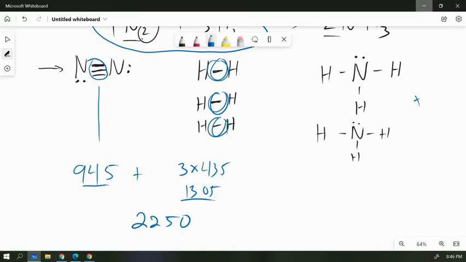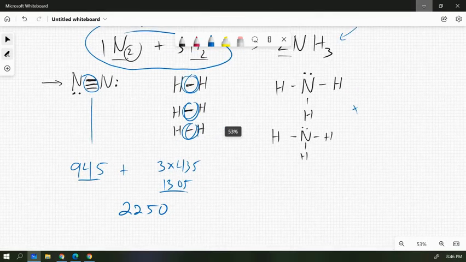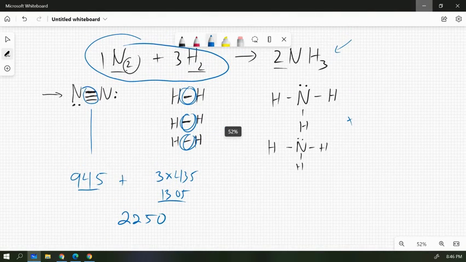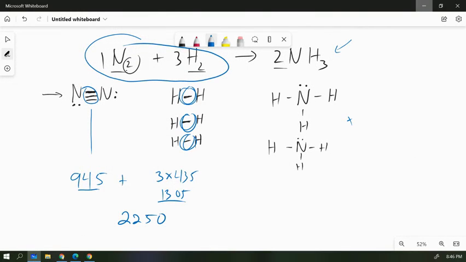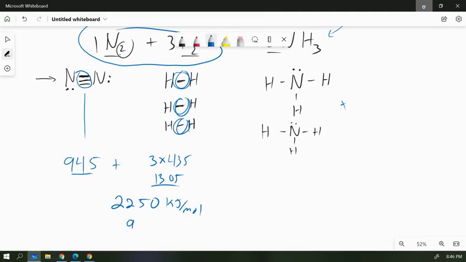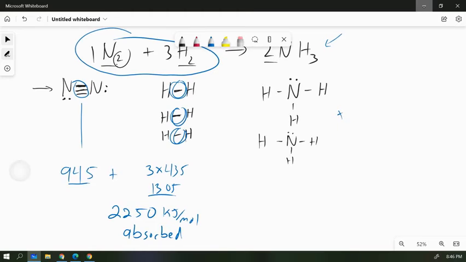Now, that is to break all of the bonds of the reactants. It's going to take 2250 kilojoules per mole of energy, and that's energy that is absorbed. That's how much energy is absorbed in this reaction.